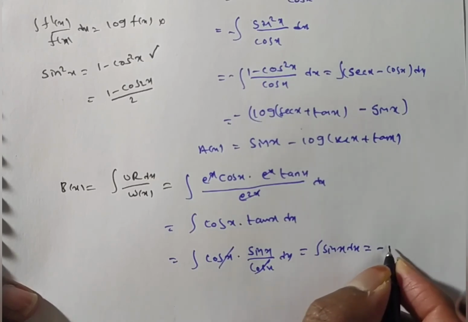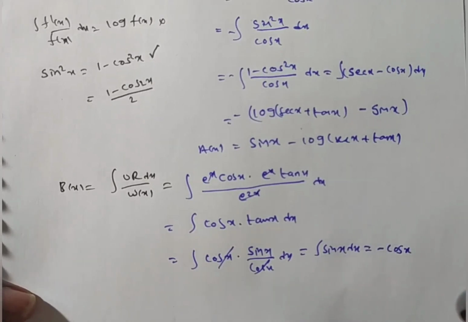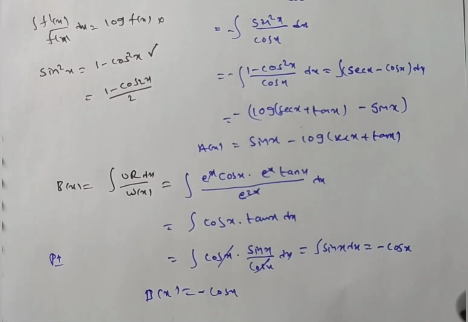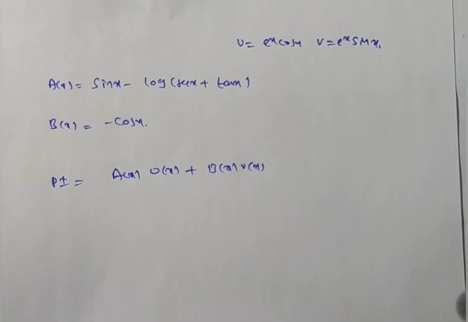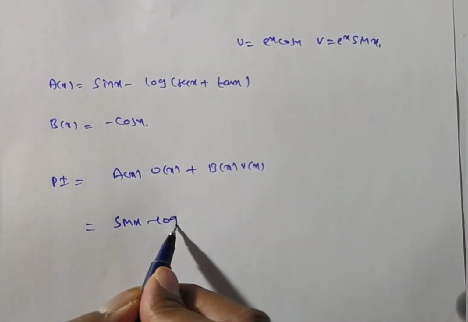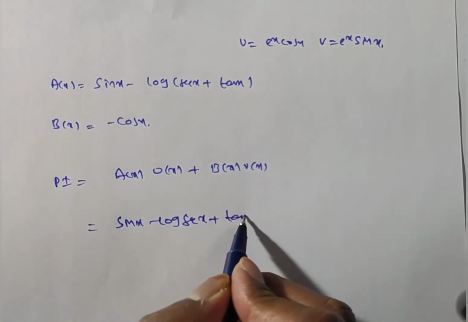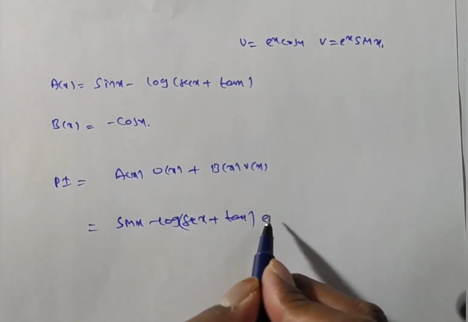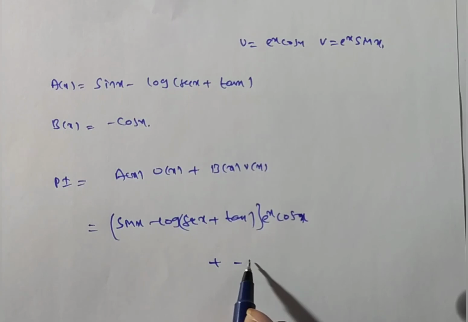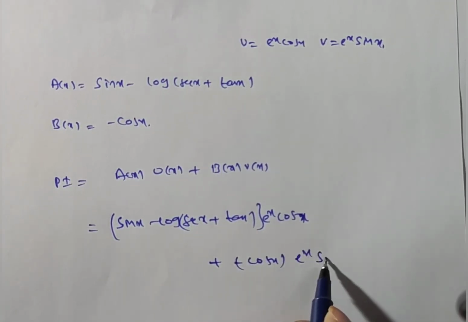What is the integral of sin x here? Minus cos x. Okay, now which value do you have? B of x. What is the b of x here? You have minus cos x. So the a value and b value you substitute in the particular integral. Then the particular integral will be a of x, meaning sin x minus log of secant x plus tan x, into u of x, which is e power x into cos x, plus b of x, meaning minus cos x into e power x into sin x.